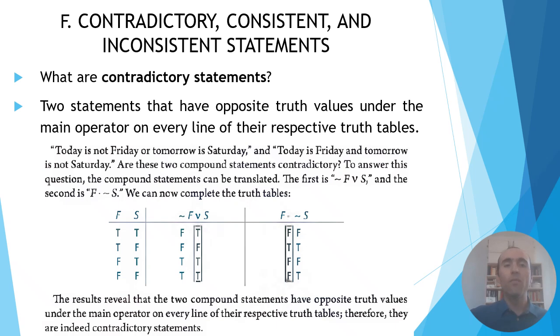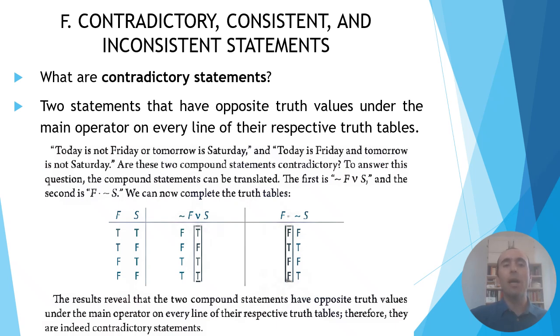So, in the first line, the first statement is true, and in contrast, the second statement is false in the first line under the main operator. In the second line of the truth table, the first statement under the main operator is false, and in contrast, the second statement under the main operator in the second line is true.